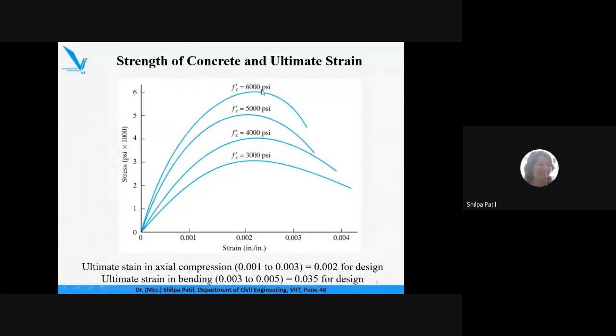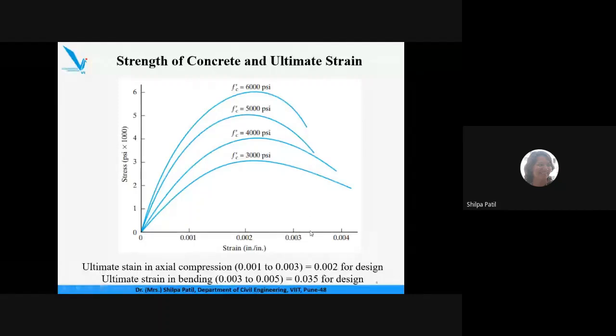But if you observe all these curves, the ultimate strain value is approximately the same for all four grades of concrete, around 0.02. Or if you consider the overall spread of the curve, the strain value ranges between 0.001 and 0.003, because for the higher grade of concrete the ultimate strain is just beyond 0.003.